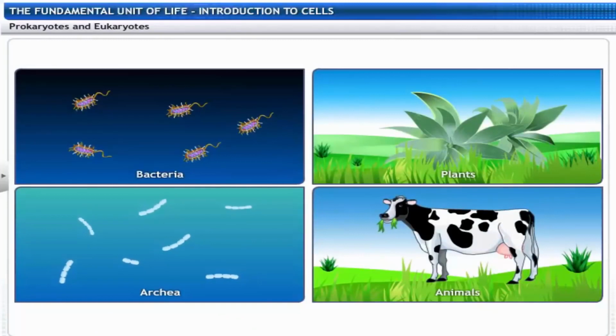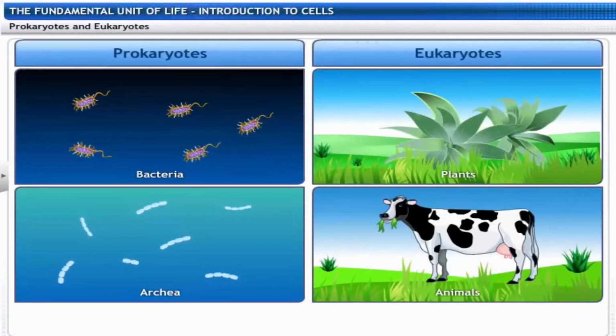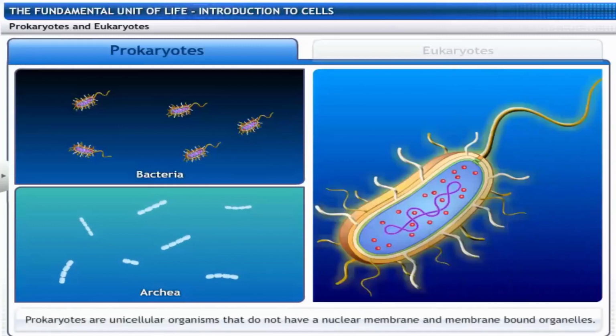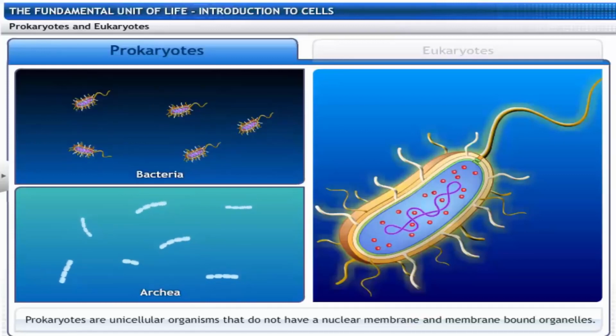Living organisms are also classified as prokaryotes and eukaryotes based on the organization of cellular structure. Prokaryotes are unicellular organisms that do not have a nuclear membrane and membrane-bound organelles. For example, bacteria and archaea.